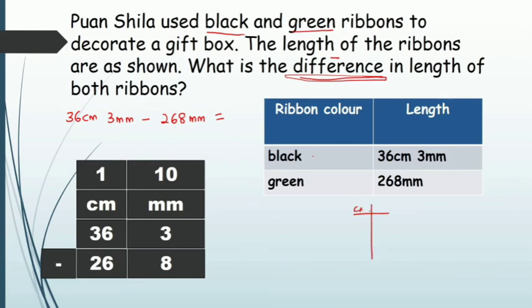So now you see centimeter, millimeter. This is the decimal point. 1 centimeter is 10 millimeter. Here we must write one number. So this 3 I am going to write here, and this 36 will be right here. So 268 we need to write from behind.